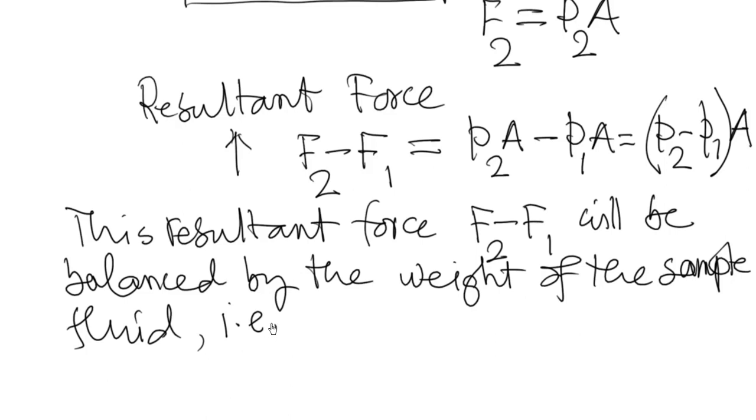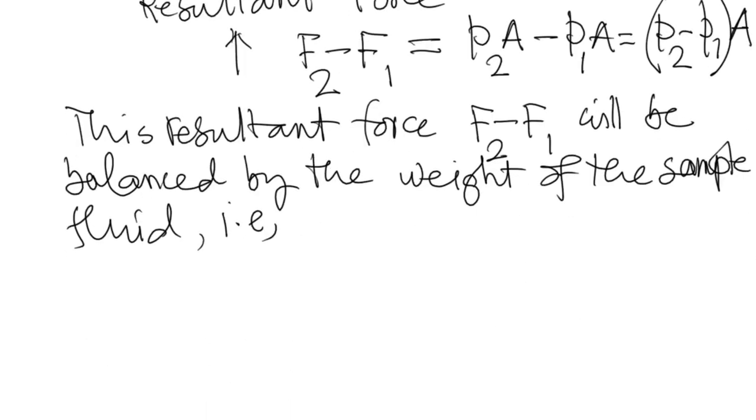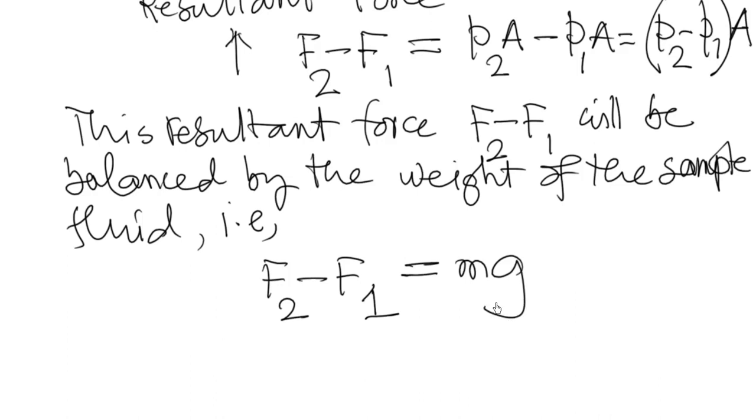That is, F2 minus F1 will be m into g, where m is the mass of the sample of the fluid.